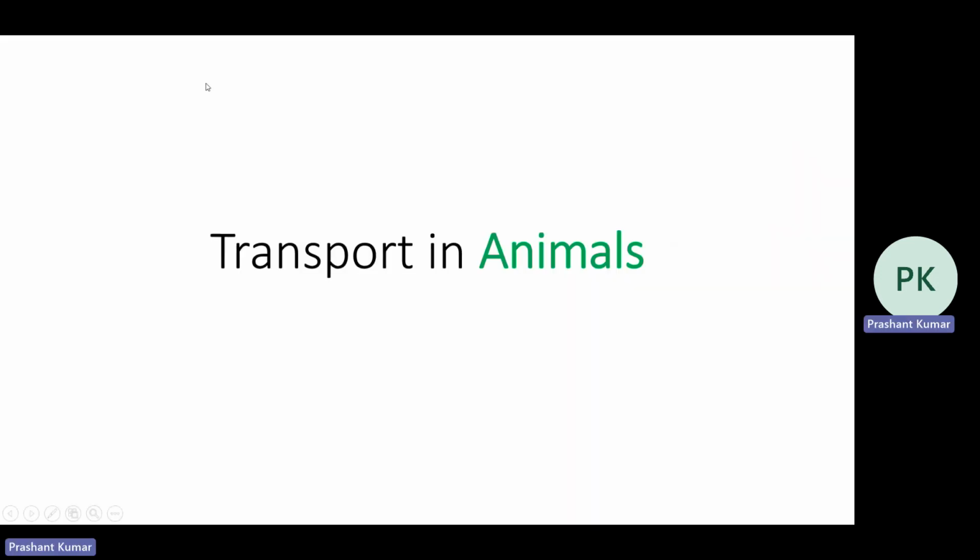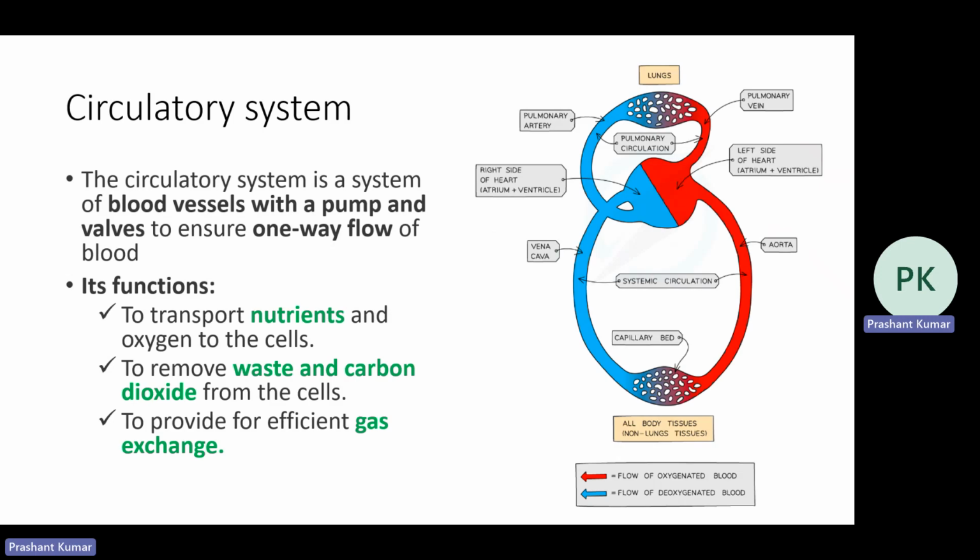Okay, so let's begin with the topic. Today we'll start with the circulatory system. Circulation is very important because your body cells are very small. You need a channel, a system, which ensures that the oxygen supply to that particular cell, the nutrient supply, the hormones, mineral supply, everything goes in a very fast manner.